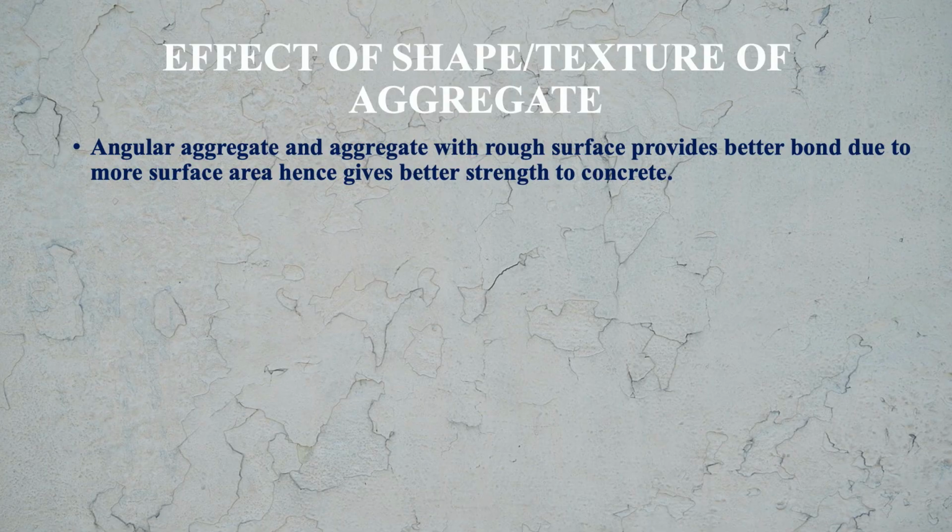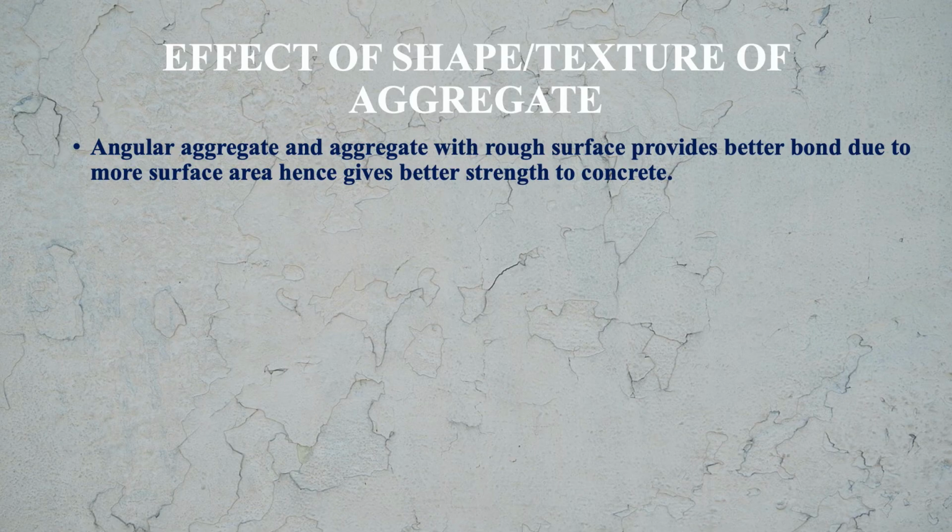So let us see how these different shapes affect the strength of concrete. If we take angular aggregate and aggregate with rough surface: when we talk about the rough surface, we are talking about the texture, and angular aggregate means we are talking about the shape of the aggregate.